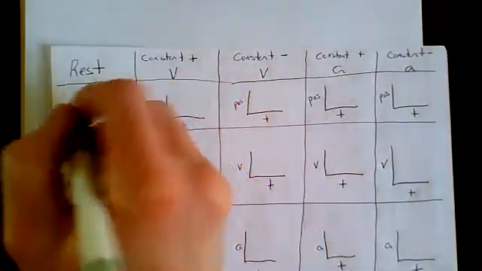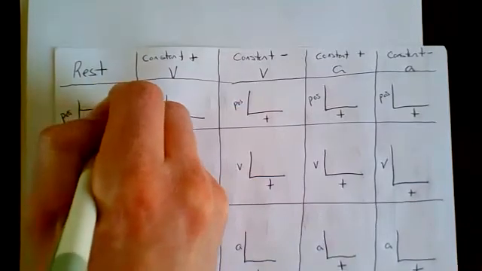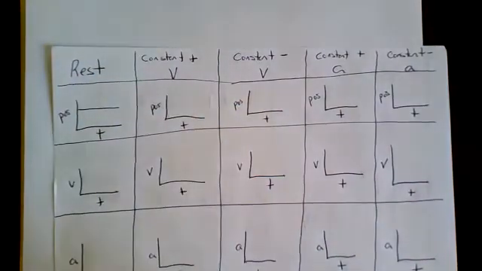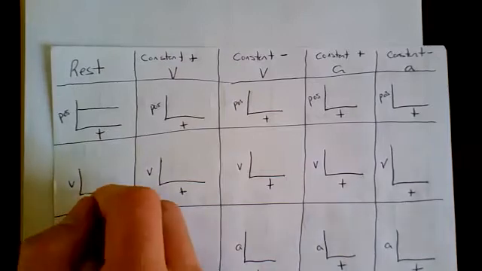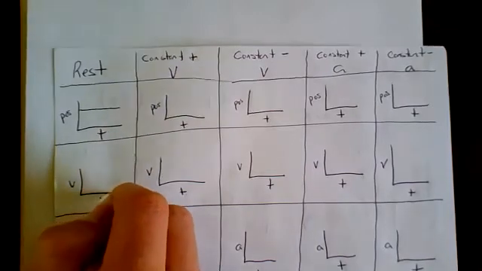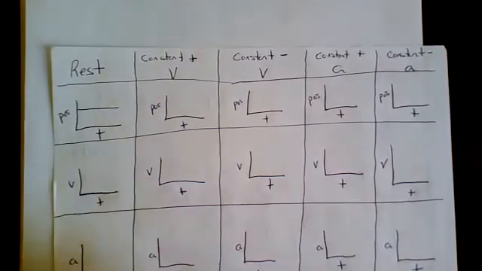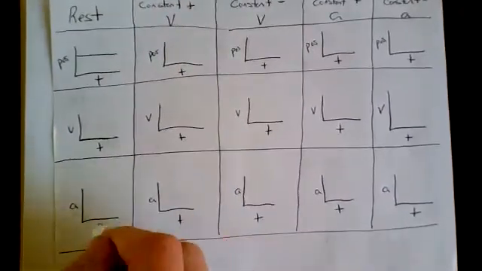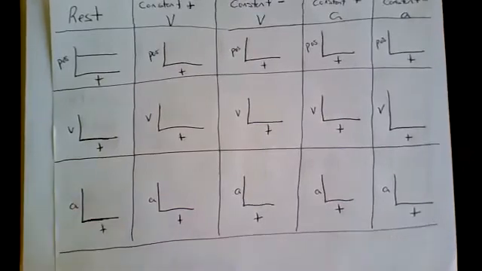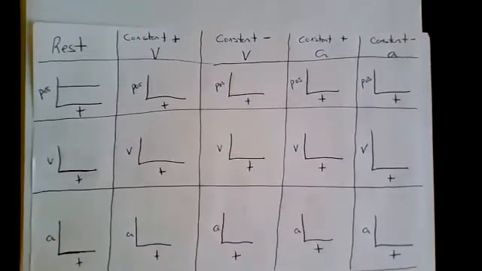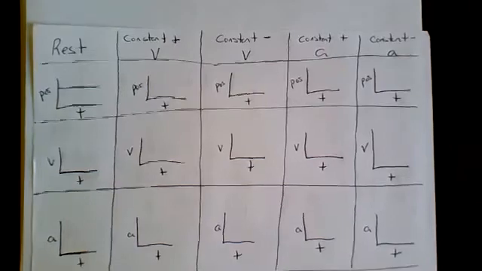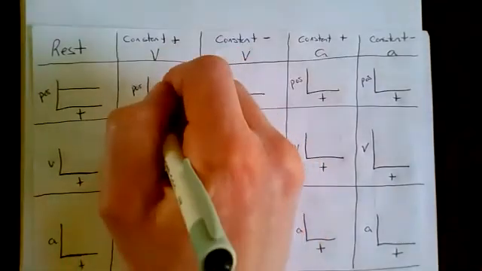If I have an object at rest, its position does not change. It's staying in the same place. Therefore, it has a zero velocity and a zero acceleration. Let's look at the constant positive velocity.